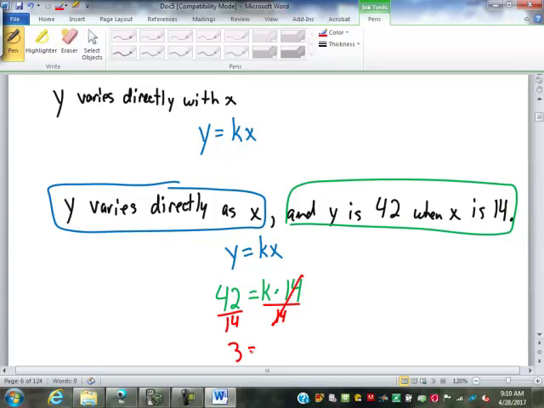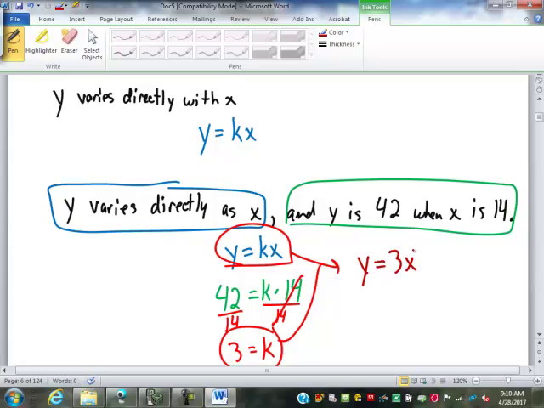I get that 3 is equal to k. So I can take that 3 and put it back up into this original relationship to tell me that not only does y equal k times x, but since k is 3, the relationship is y equals 3 times x.